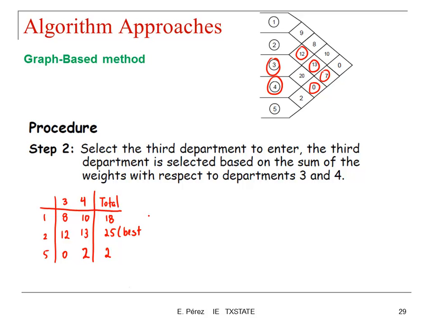So we're going to start putting that information into a network chart. We have 2 departments already, which are 3 and 4, and the relationship is 20.